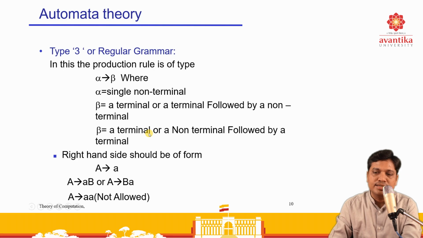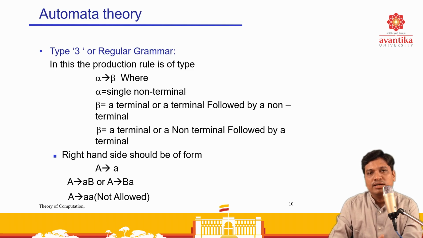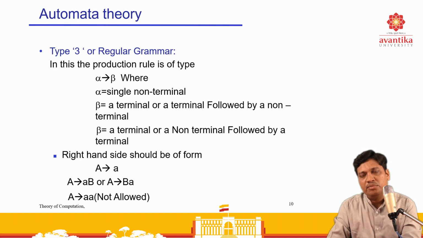The second condition is a terminal, or a non-terminal followed by a terminal. The right-hand side should be of the form in these rules: either a single non-terminal, a single terminal, a terminal followed by a non-terminal, or a non-terminal followed by a terminal.